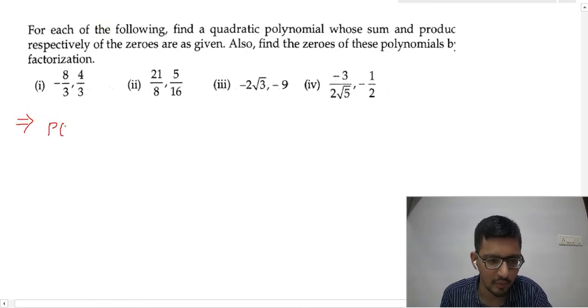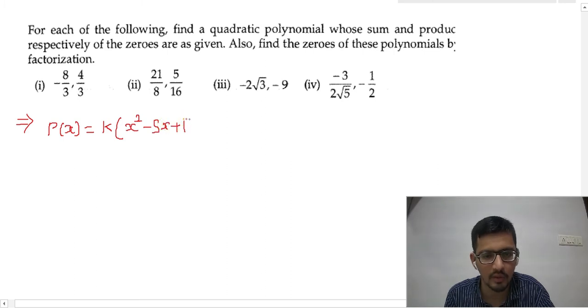Sum and product is given, how to form the polynomial? Let's say p of x is the name of the polynomial. p of x is equal to what will you write? k into x square minus sum of the zeros into x plus product of zeros, where k is not equal to 0.